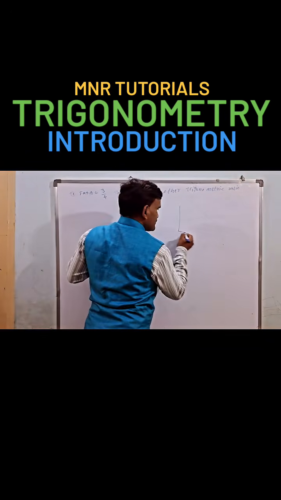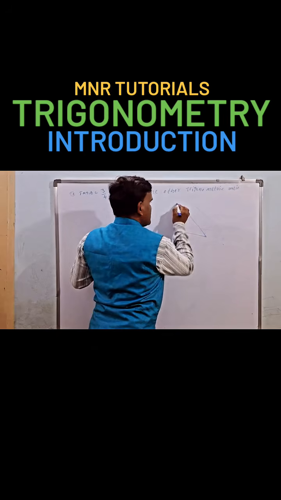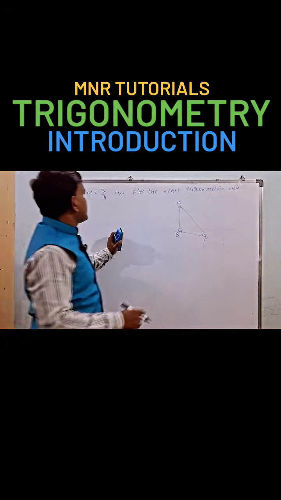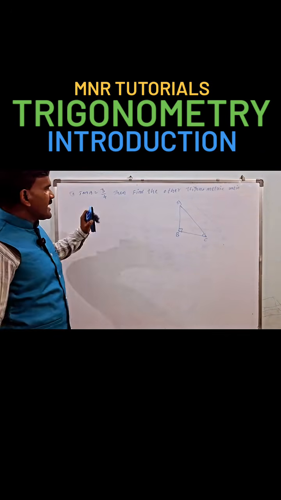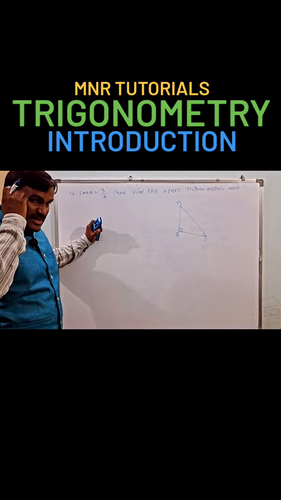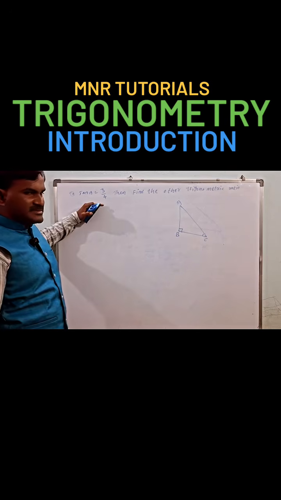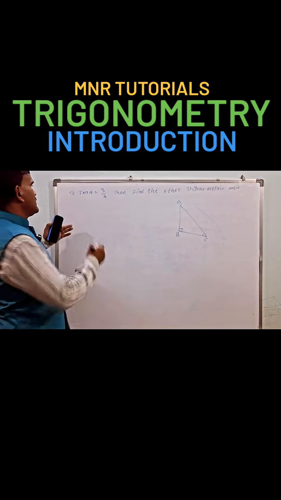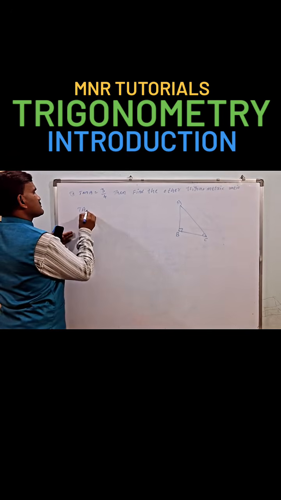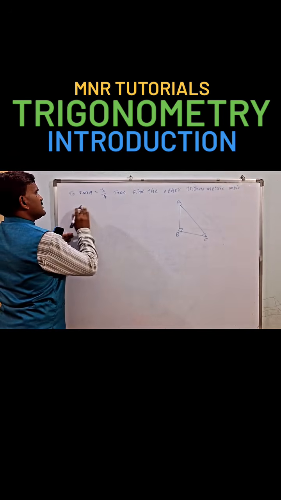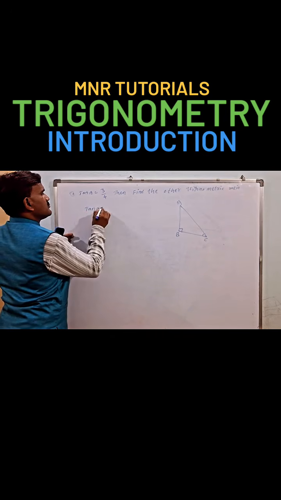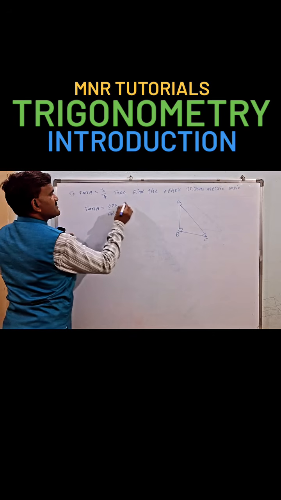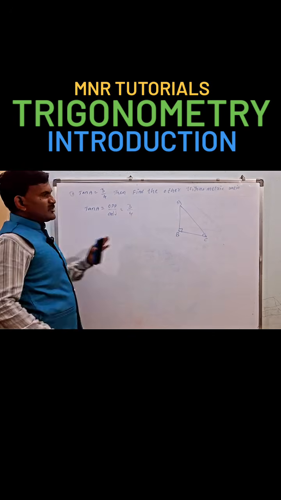Here students, I take triangle ABC with angle A. We know tan A means opposite side by adjacent side. Here tan A equals opposite side by adjacent side, that is 3 by 4. Consider angle A: the side adjacent to it is the adjacent side, and the side opposite the angle is the opposite side.